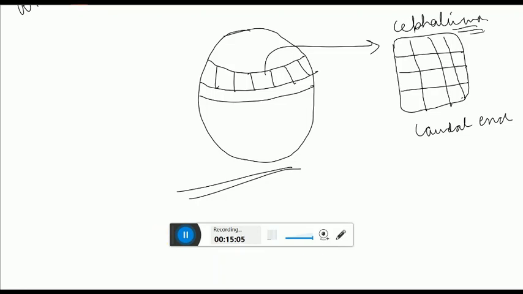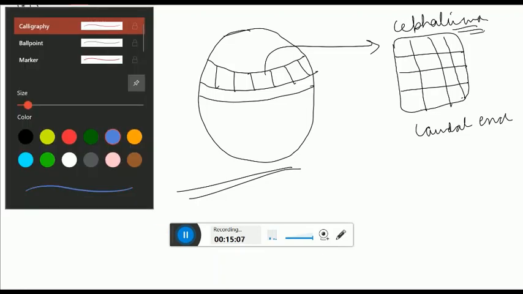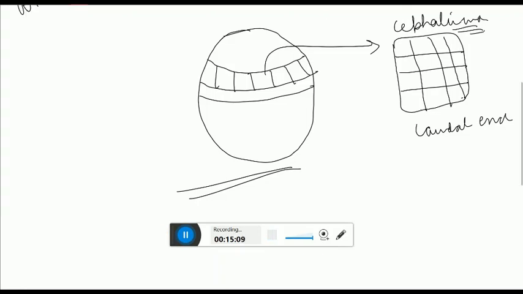See, what will happen? A primitive groove will develop. What is it? A groove will develop from the caudal end. This is called the primitive streak. This node is the primitive node.